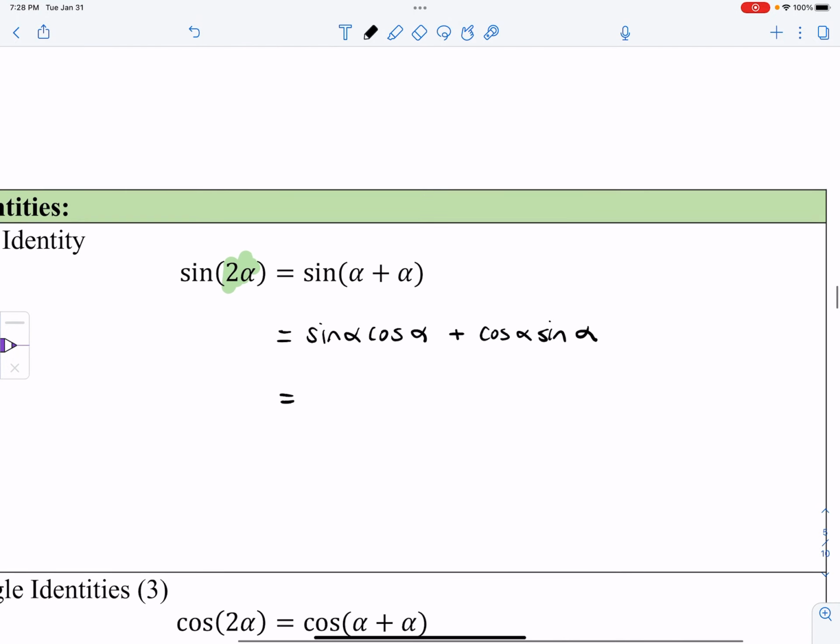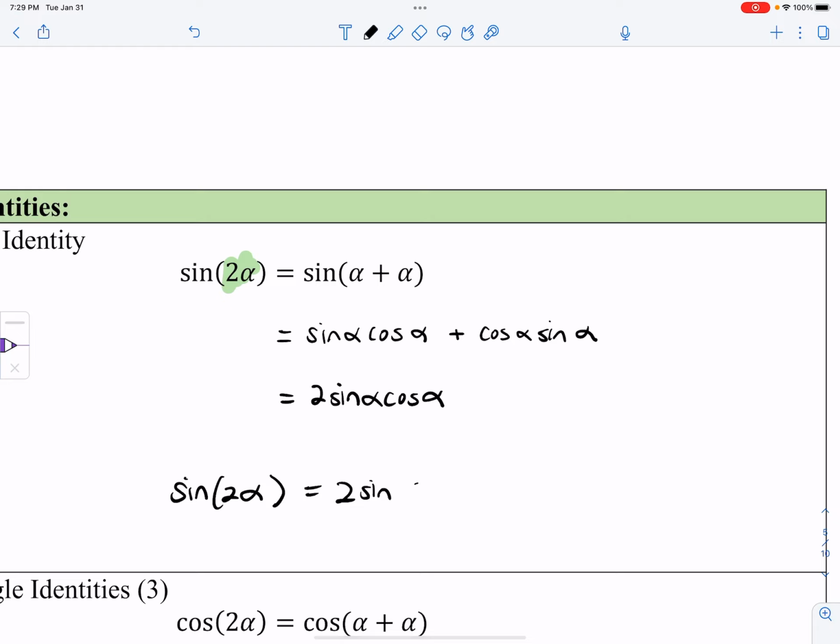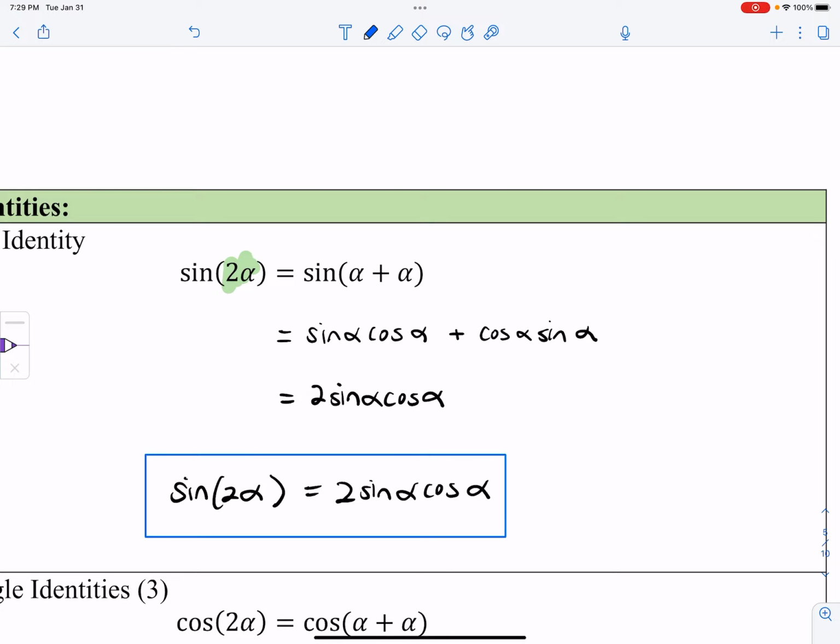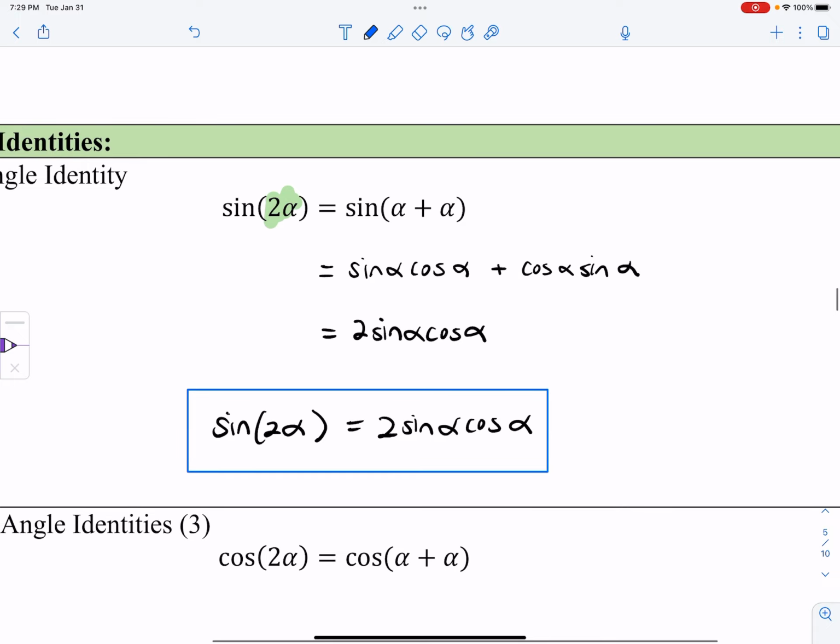So that's going to simplify to be 2 sine alpha cosine alpha. Okay, so that's it. That's the double angle identity for sine, 2 sine alpha cosine alpha. And that is another one that you do need to memorize. All of them so far you do need to memorize.